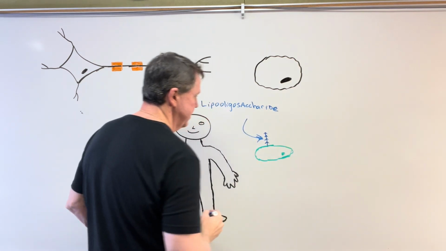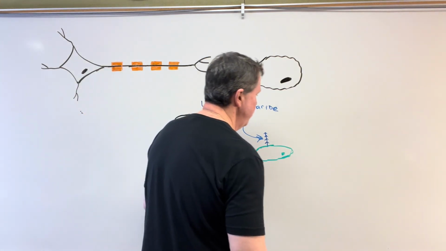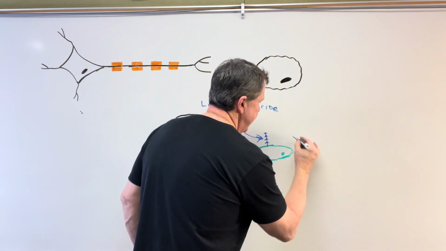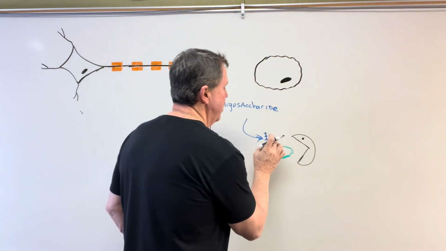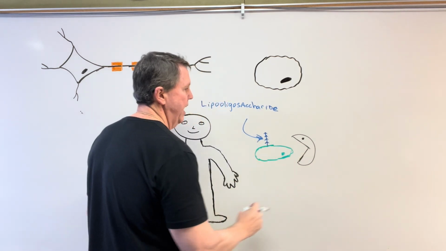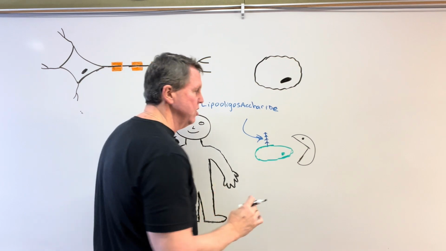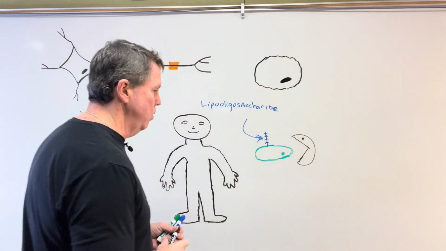That's my lipooligosaccharide. Now, when your body sees that, you have a white blood cell, which we're going to call a macrophage. This could also be a dendritic cell. It's going to see these markers and realize this guy doesn't belong in the body, and it's going to come and eat it. We call that phagocytosis.